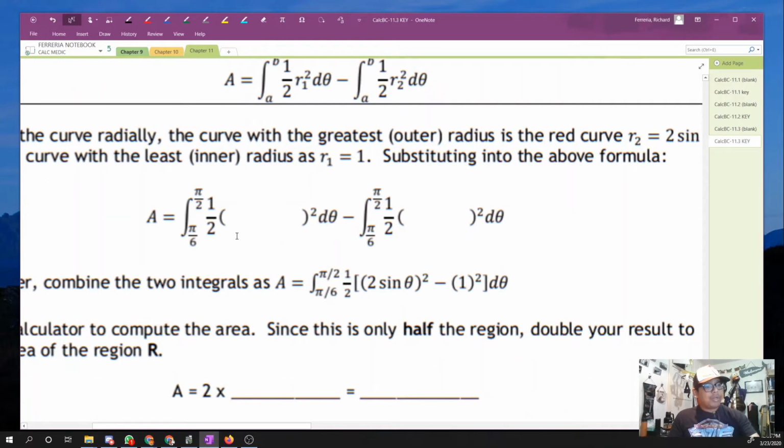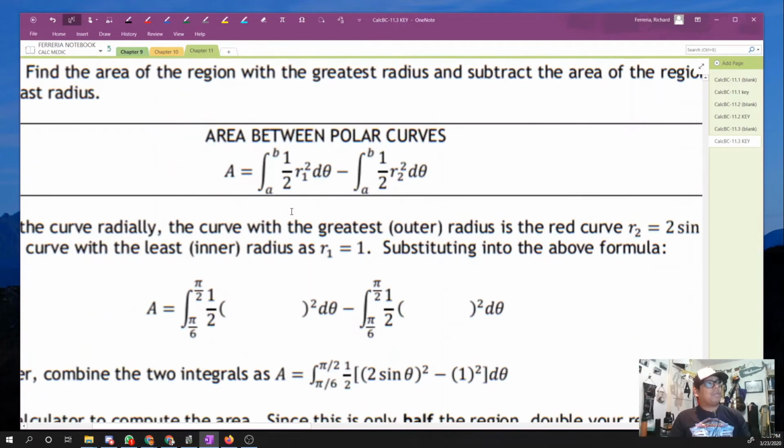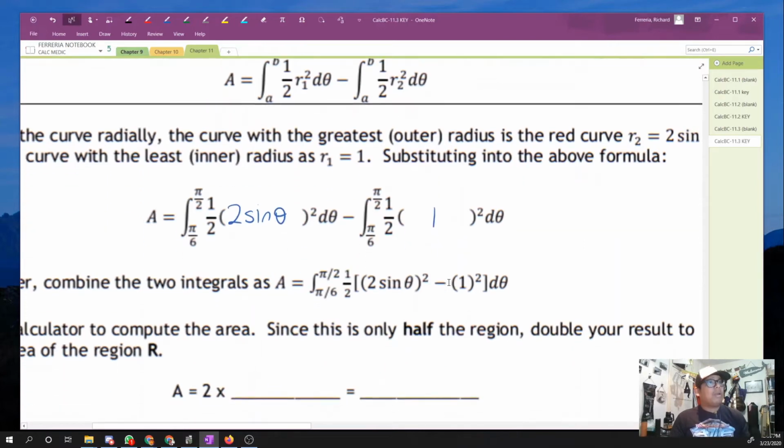The first region, the one that we did in yellow, that radius was 2 sine theta. So we're going to go from pi over 6 to pi over 2 of 1/2 times (2 sine theta) squared, and we're going to subtract from that 1/2 times 1 squared.